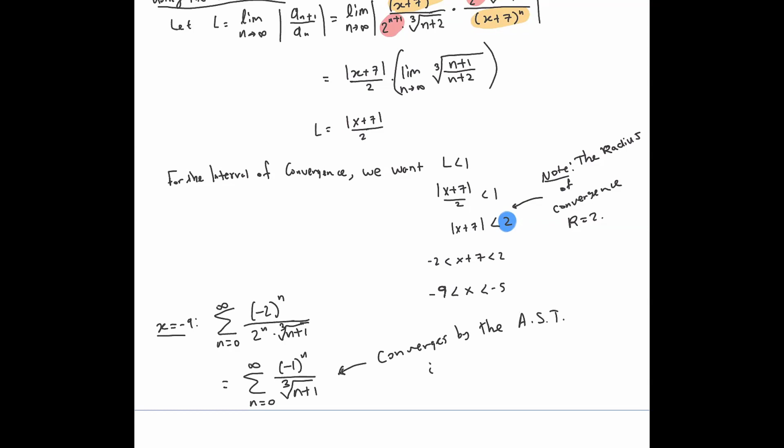Number one, we have a_n first of all. So a_n is equal to 1 over the cube root of n plus 1. What was the first condition? I forgot. There were three conditions, if I remember correctly? It has to be decreasing. That's one of them. Was it two conditions or three? The limit has to equal 0.